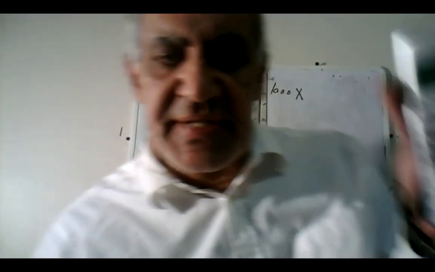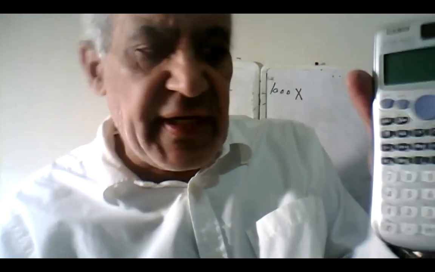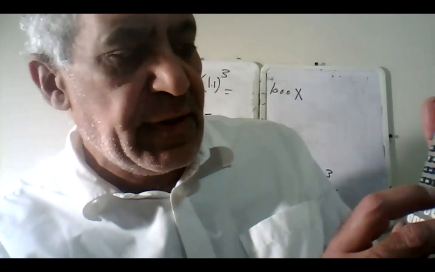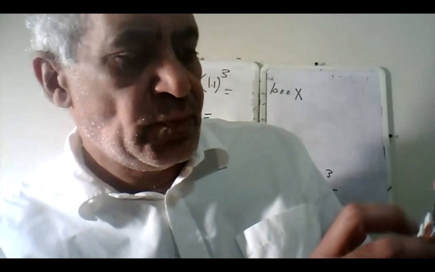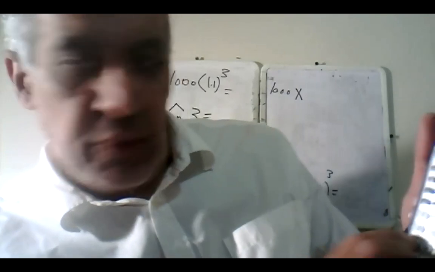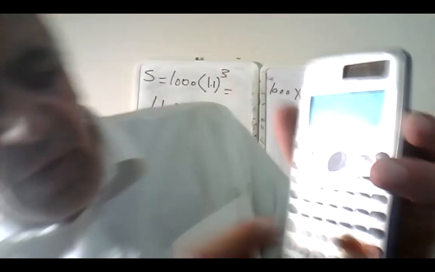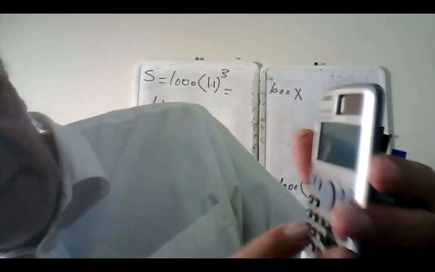Here is the calculator as an example. I will get 1.1 power 3 this way. I turn it on with the ON/AC button. Then 1.1. Then I go for x^n, I have it here, and I press it.